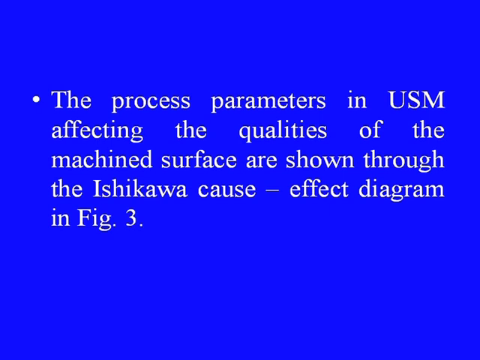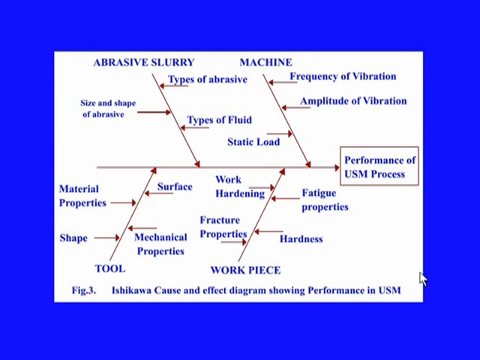The process parameters in ultrasonic machining affecting the qualities of the machined surface can also be represented in an Ishikawa cause effect diagram like this, in which 4 different major categories of parameters are shown. Those are abrasive slurry based parameters, then machine based parameters, tool based parameters and workpiece based parameters.